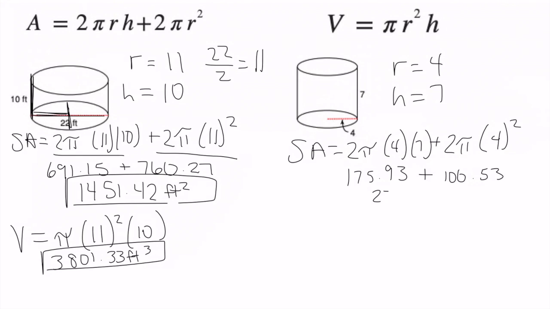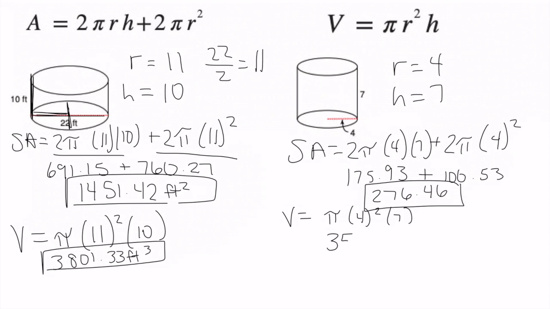Add those together, you get 276.46. For our volume, we have pi times our radius of 4 squared times our height of 7, which leaves us with 351.86. Go ahead and try these next four on your own.